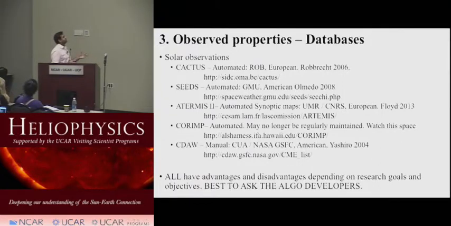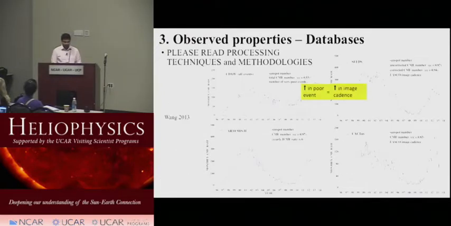But in both cases, if you're going to start trying to create lots of insights with these catalogs, you want to ask the developers of these algorithms if it's possible to do what you think you want to do. That's because there are lots of strengths and weaknesses, both with manual and automated.